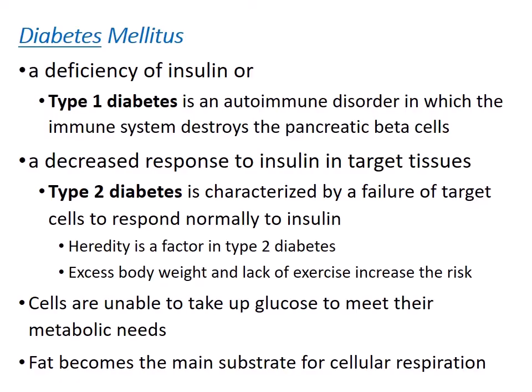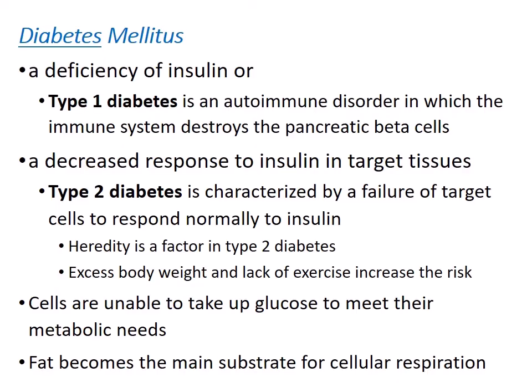But anyhow, type 1 diabetes is basically an autoimmune disorder in which the immune system destroys the pancreatic beta cells, and so you are not able to release insulin when it's required. So that would be insulin dependent. Type 2 diabetes is typically characterized by a failure of the target cells to respond normally to insulin.